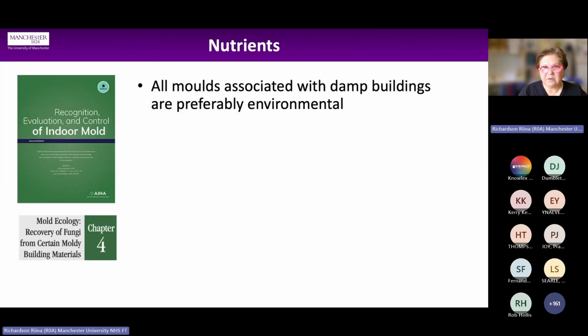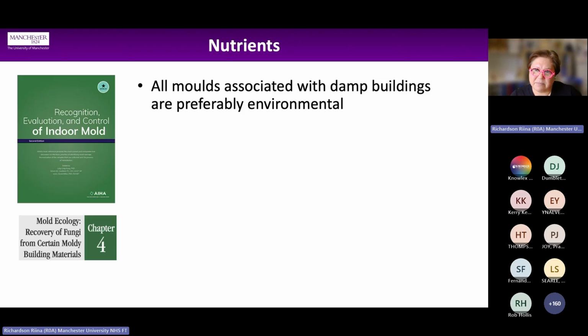Now, focusing a little bit on the nutrients for a minute. We talk about the Green Book here. It's from the American Institute for Healthcare, associated infections or similar; sorry, I can't remember what the AHI stands for. Anyway, they have an excellent book on indoor mold and impact on health.